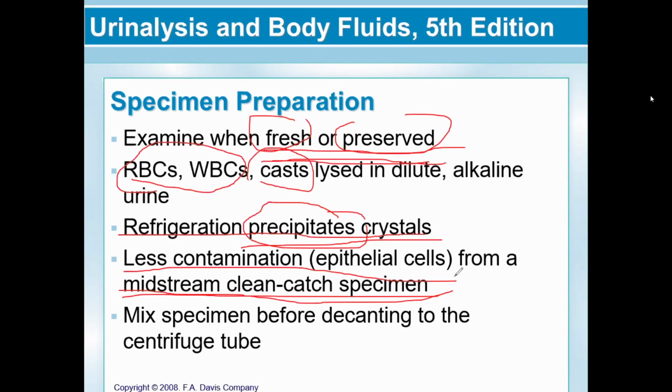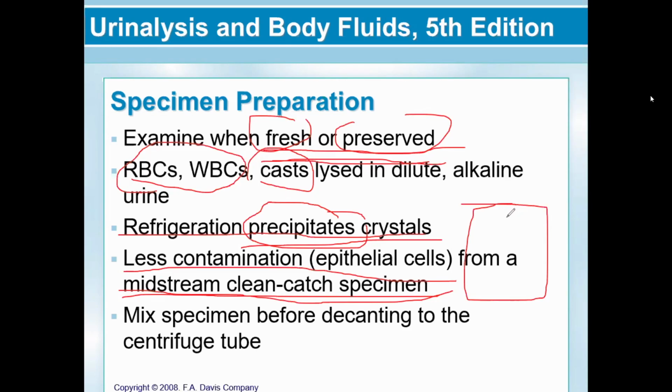Okay? So next, mix specimen before decanting to the centrifuge tube. Di ba sabi natin, we have here the container. So ano nga ulit yung volume niya? Approximately 50 ml yung container natin na ginagamit. So ang gagawin natin pagka-receive natin sa lab, we mix or swirl itong specimen container na to.